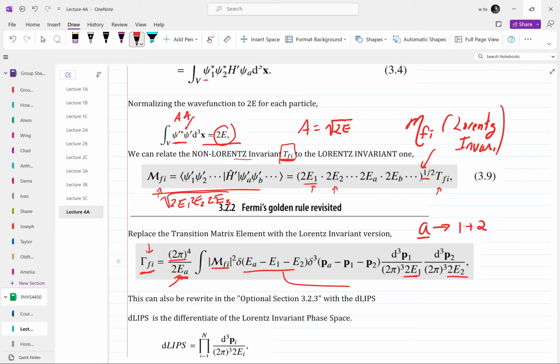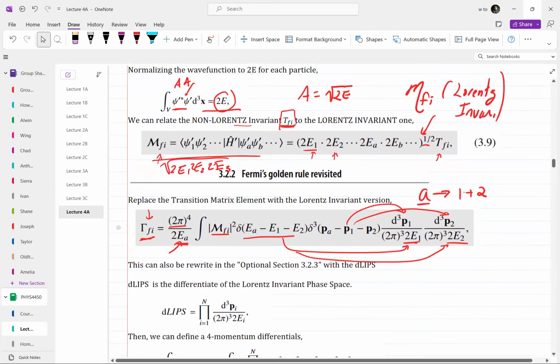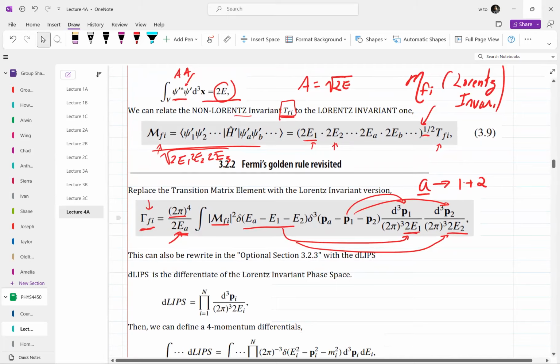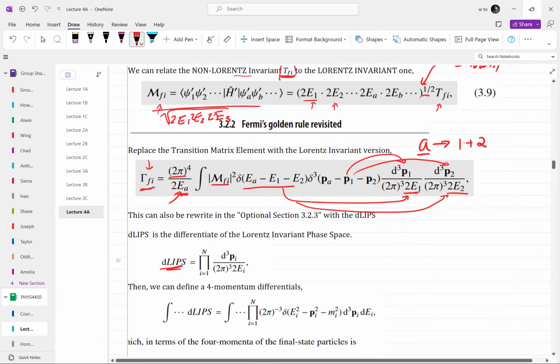So that basically is associated with each of these. And these delta functions are going to impose conservation of momentum with our incoming and outgoing particles. In this section, I think Griffiths does this also, which is kind of interesting.